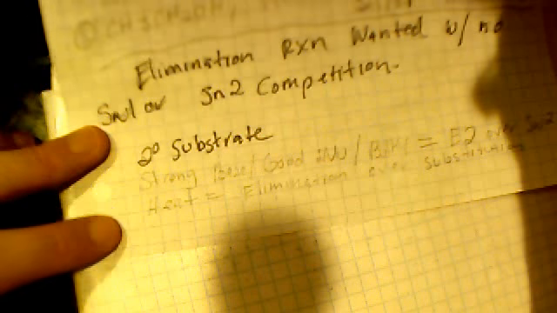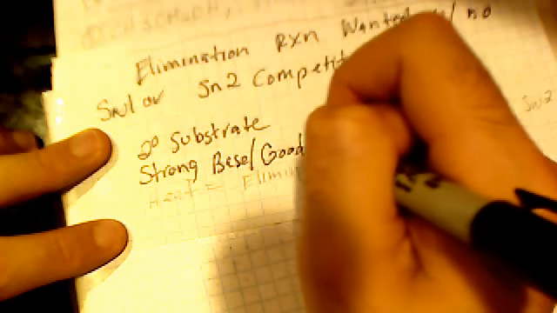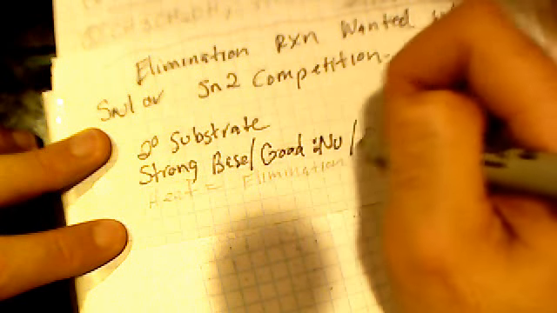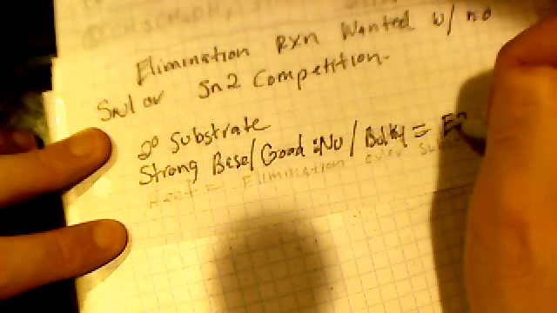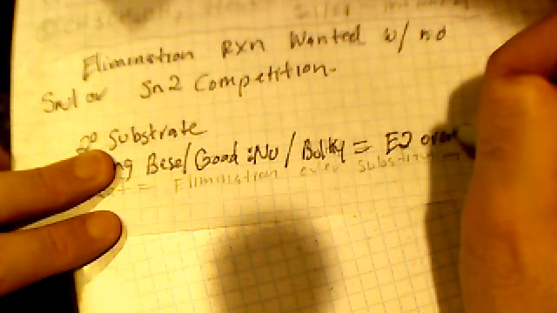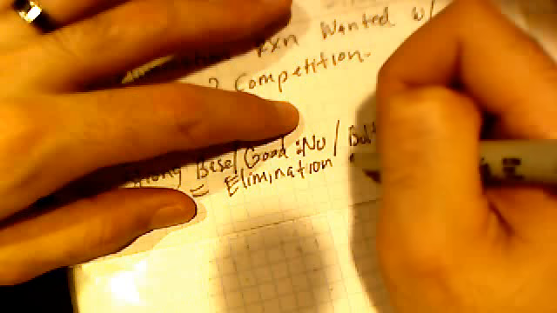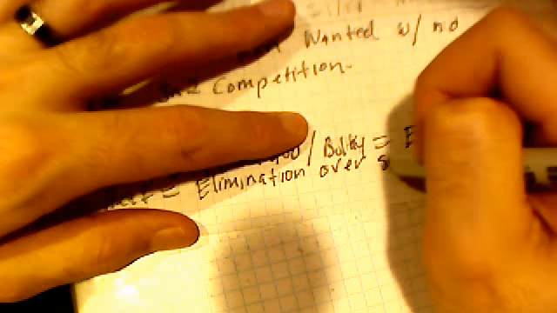So we know that if it's a second-degree substrate, a strong base, good nucleophile, and maybe a little bulky will help give us E2 over SN2. And we also know that heat will favor elimination over substitution.